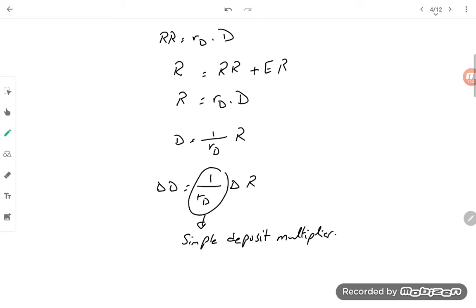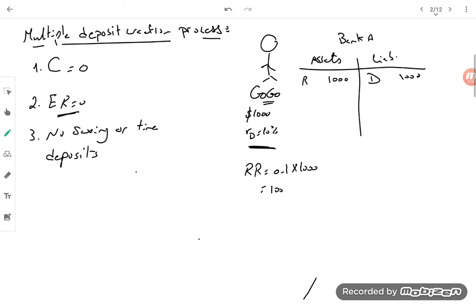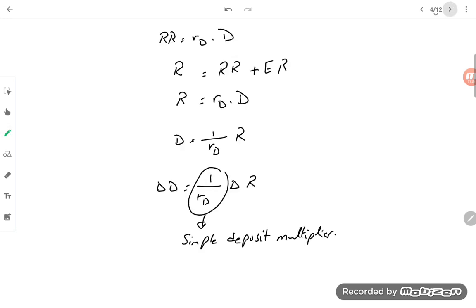Returning back to our example, in the initial T account, what is the amount of reserves? Reserves in the first one is 1,000. So we can use R equal 1,000, and the required reserve ratio, as we said before, is 0.1.